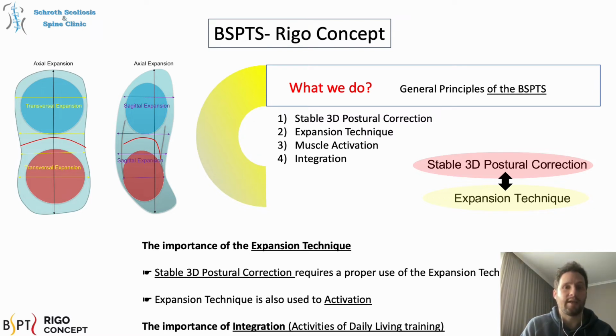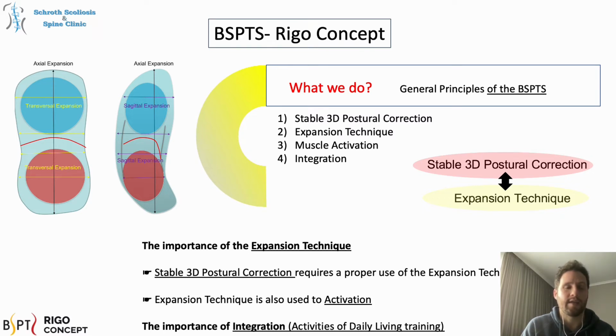Then the expansion technique, which is connected with breathing. We need to open the collapsed areas, and what we need more in a typical Scheuermann Kyphosis patient is, of course, the axial expansion, which goes together with elongation. So we always need to keep the patient in a good elongation.